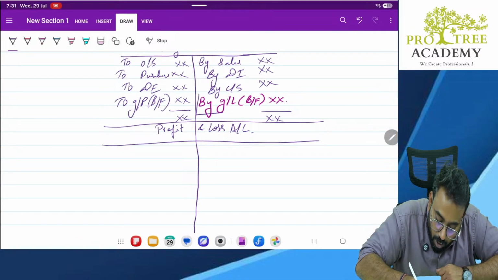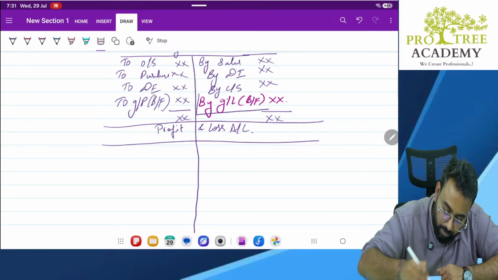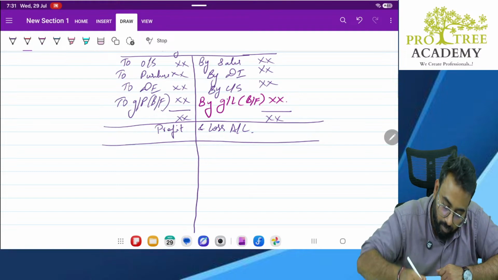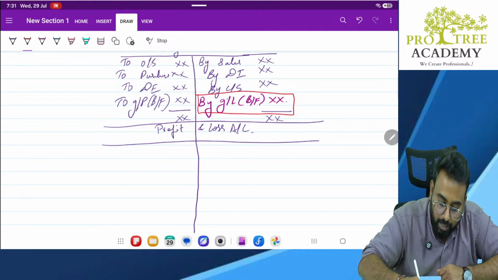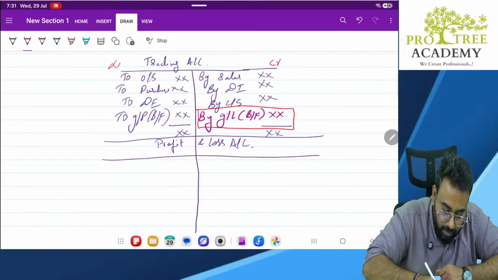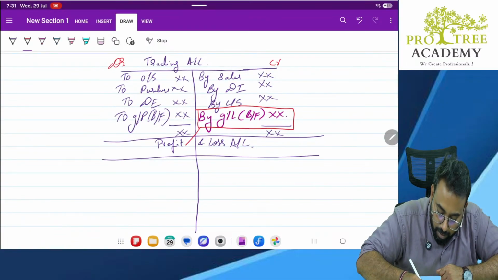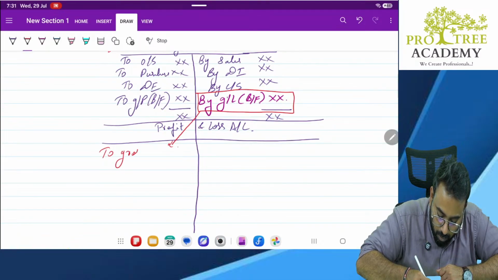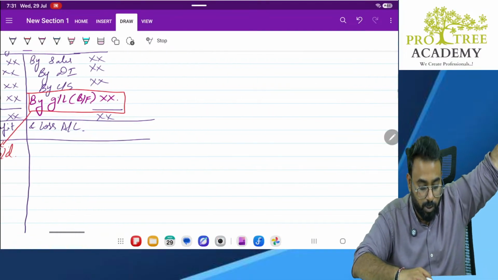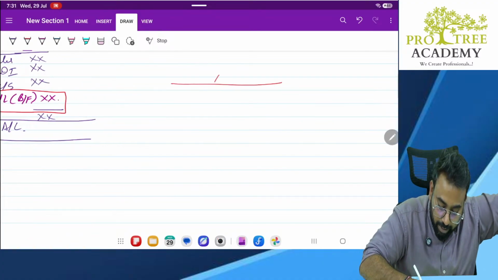Your gross loss, which is on the credit side, will come here to gross loss brought down. You remember your closing accounts, asset account or liability account?